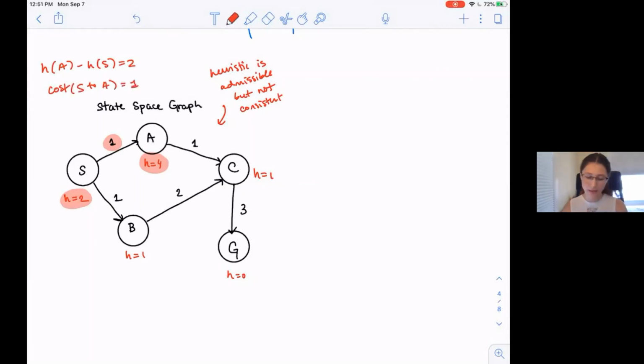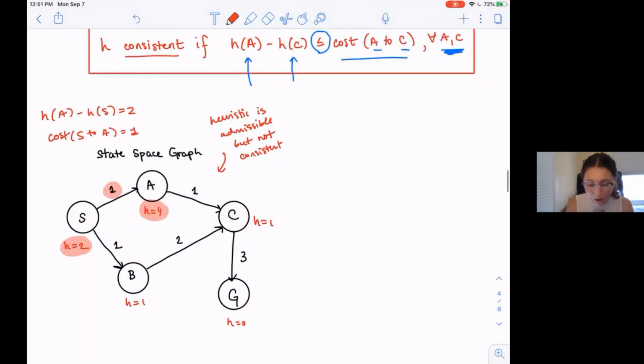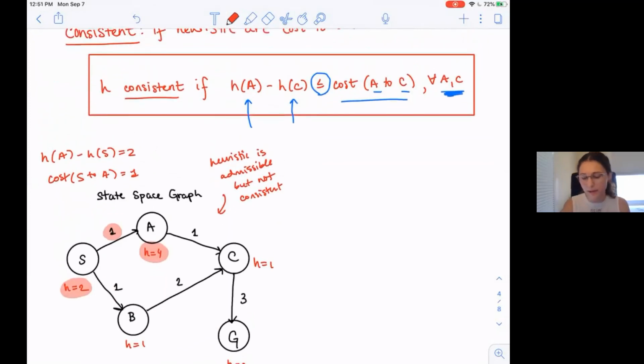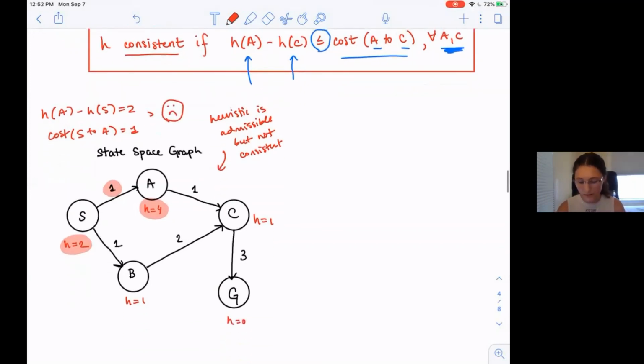It equals 1. And we needed an underestimate. So consistency says that h of A minus h of C is less than or equal to the actual cost from A to C. Well, 2 is greater than 1, and so this is not consistent. However, you can sanity check that all of these heuristics do meet the admissibility criteria.